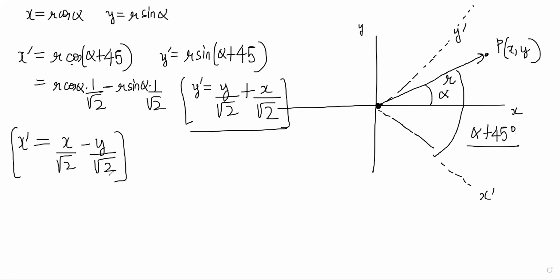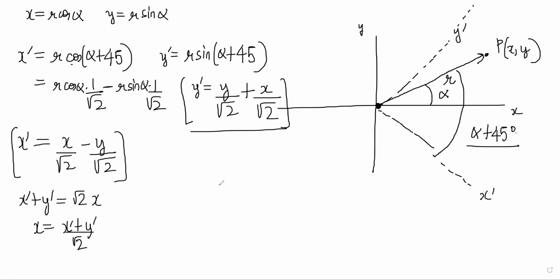However, what I want to do is instead of x and y, I want to put x dash y dash. So if I add these two equations, you will get x dash plus y dash is equal to 2x by root 2, so root 2x. So x is equal to x dash plus y dash by root 2.